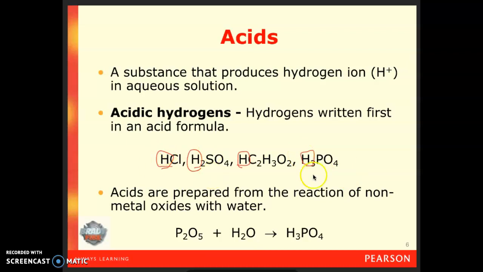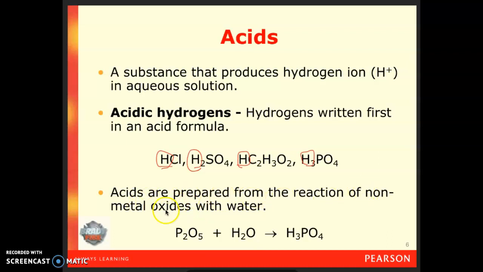Now, how do we get these compounds? Well, for the most part, compounds like phosphoric acid, like sulfuric acid, come about as a result of the reaction of nonmetallic oxides in water. So you take a nonmetal like phosphorus, you take a nonmetal like sulfur, you burn it in oxygen. That's how you get your nonmetallic oxide.